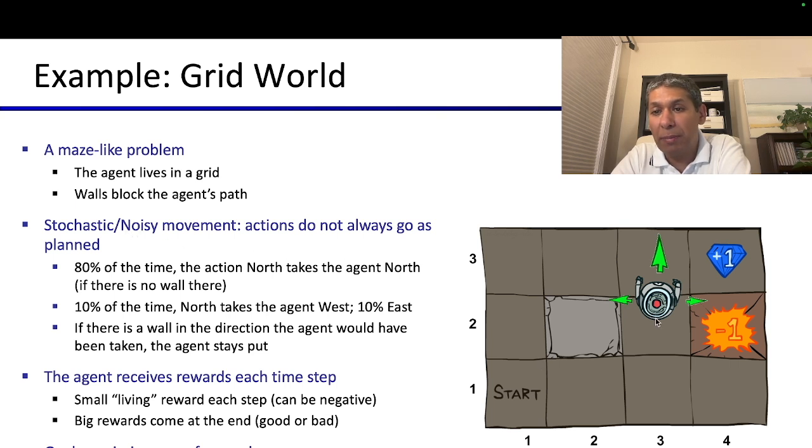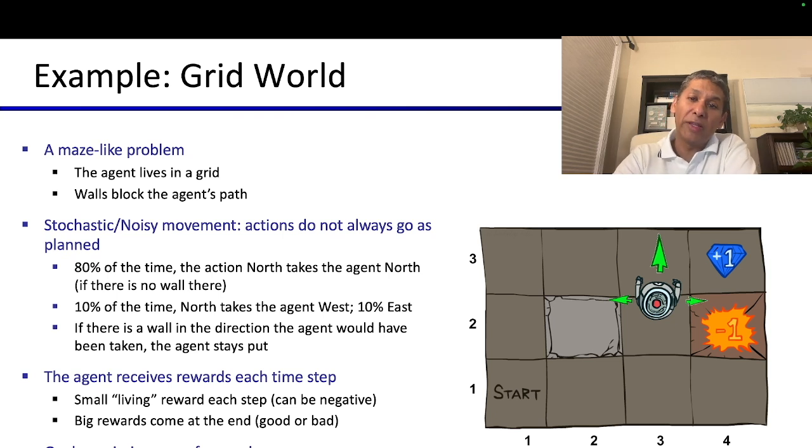So that means sometimes when it tries to go in the north direction, it goes north with 80% probability. While in a different grid world it could be 60%, 40%, but whatever the dynamics of that particular MDP, that action happens with that probability, and with 10% chance it goes right, the east direction, or with 10% chance it goes in the west direction.